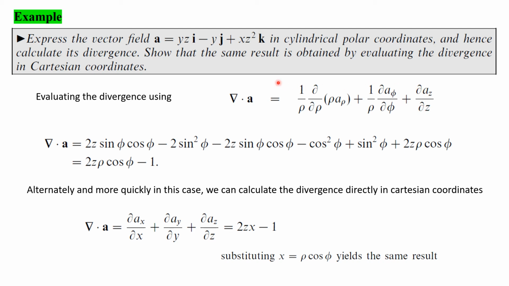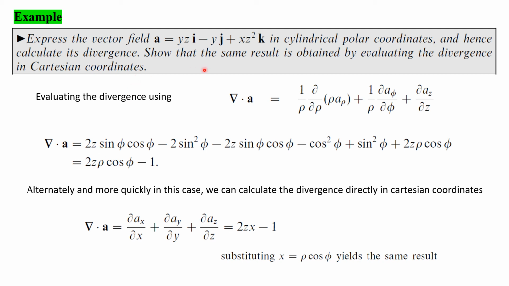So we just use this expression, substitute the components of the previously expressed vector field, and then we simplify, and you get this answer here. This is the divergence of the vector field A.